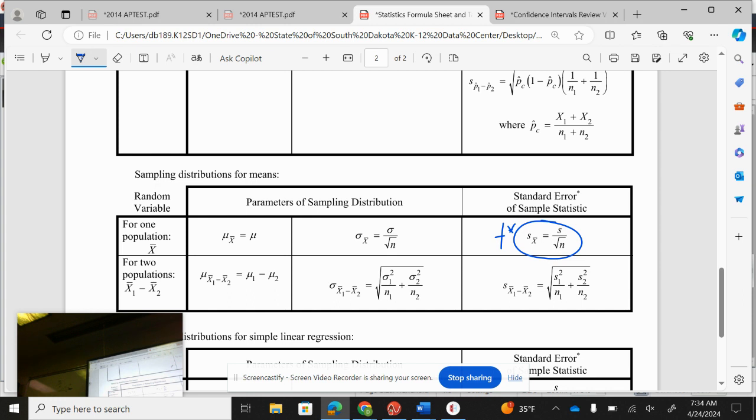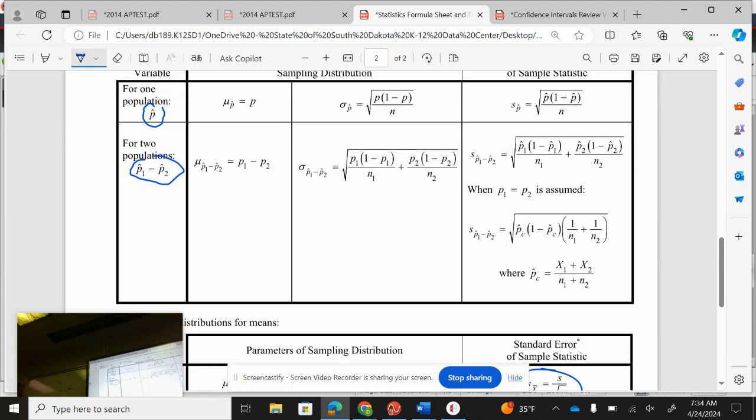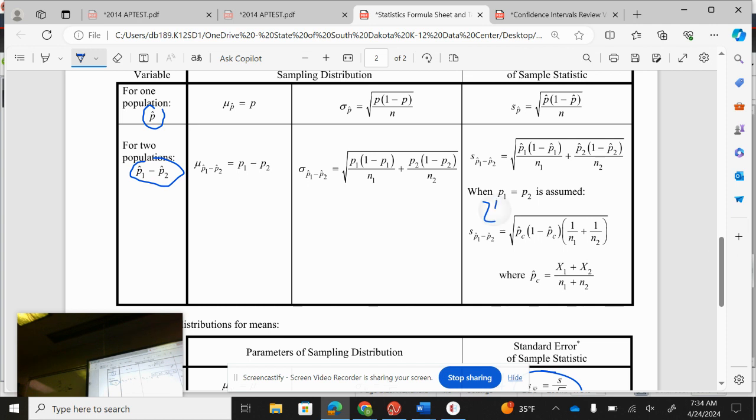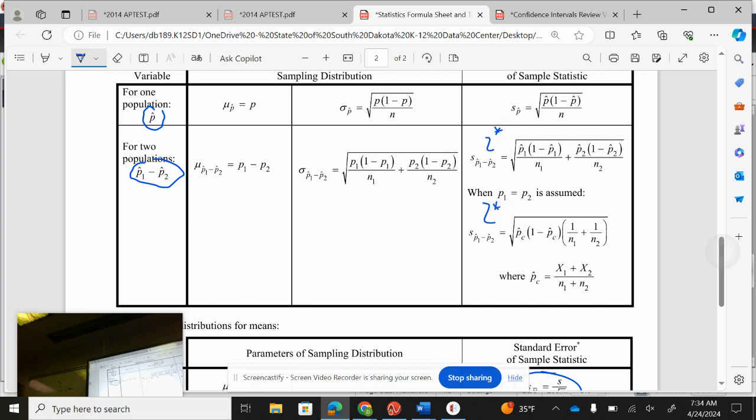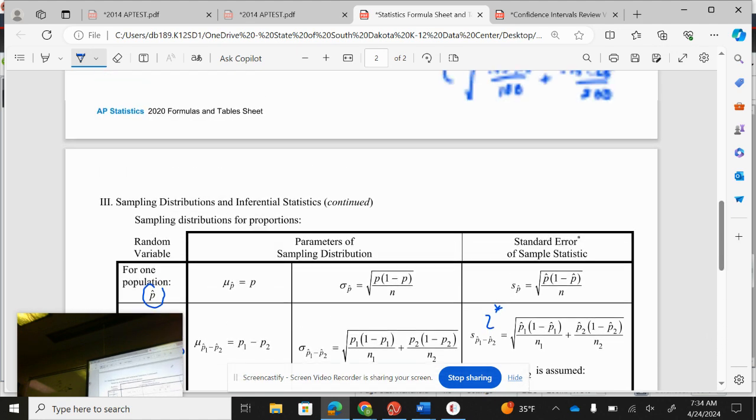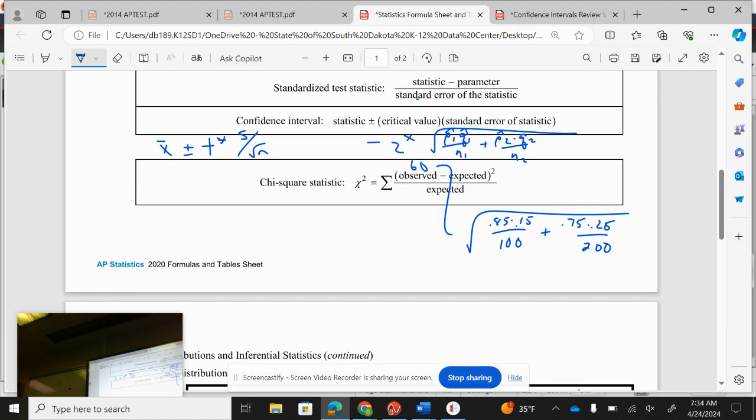So all of these, whenever you put the t star or z star in front, this one, if you put a t star in front, you have the margin of error. These, if you put a z star in front, you have the margin of error. Okay, so this is x bar plus or minus the margin of error.